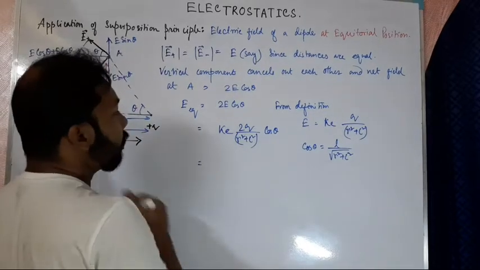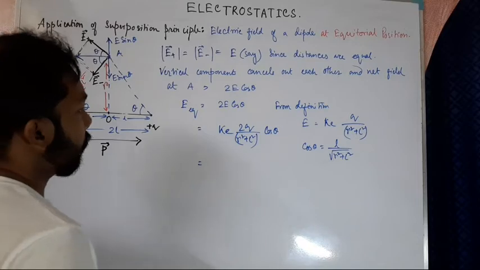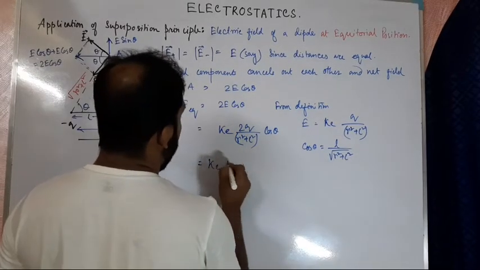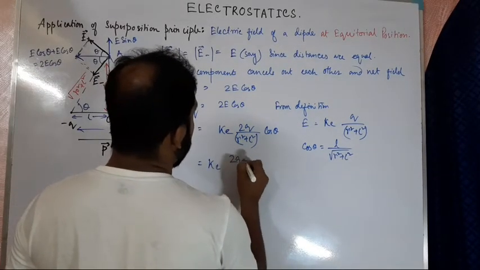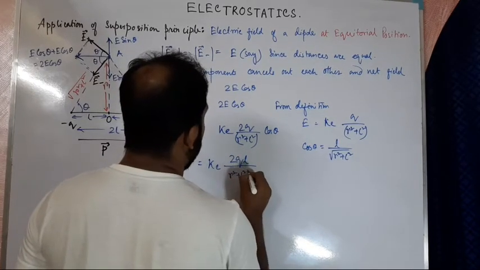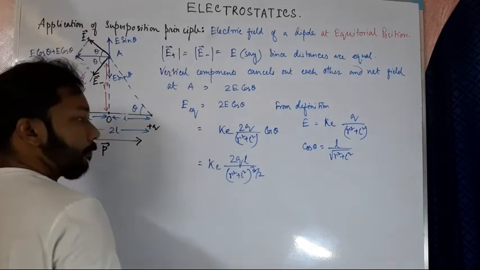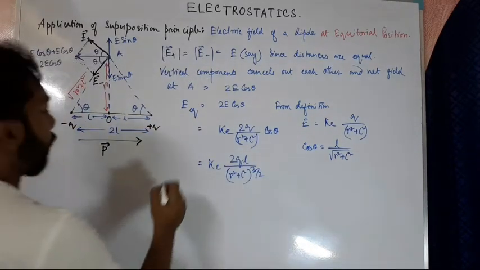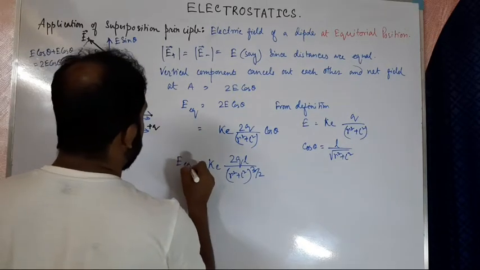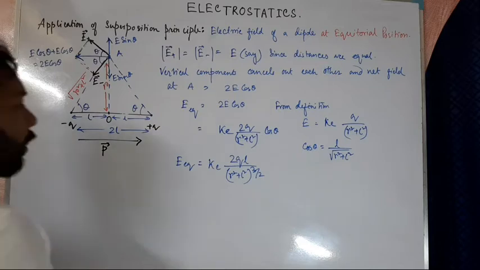So it will become Ke 2QL by R square plus L square whole to the power 3 by 2, after putting the value of cos theta. So this is the magnitude of the electric field at the equatorial position. This is the magnitude only. We'll find the direction afterwards.